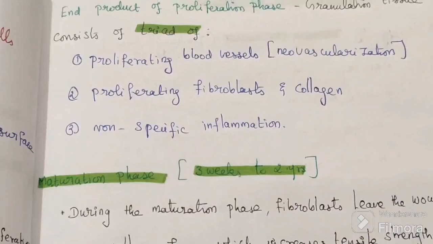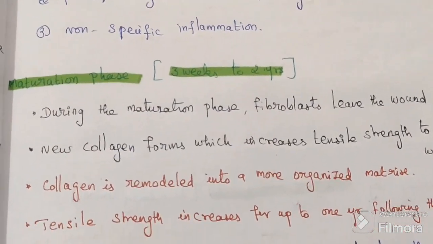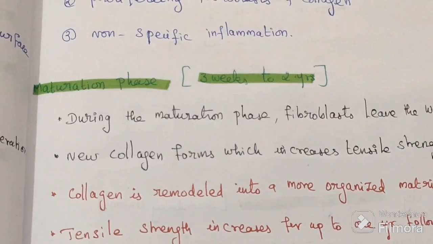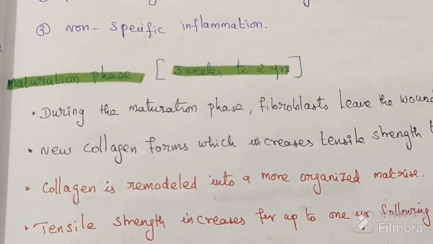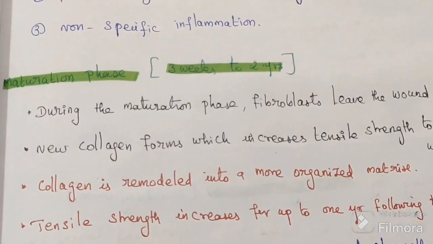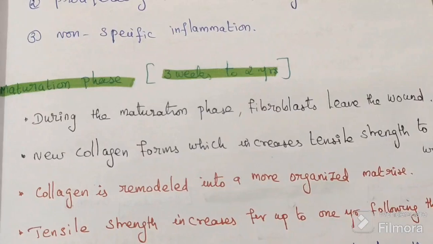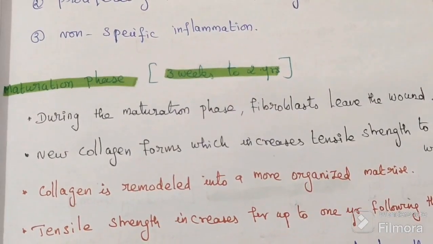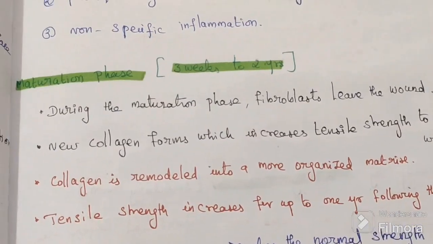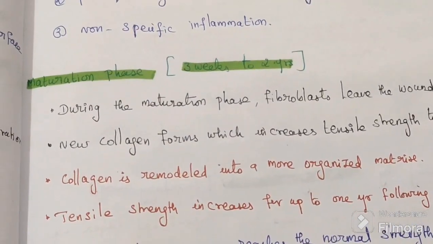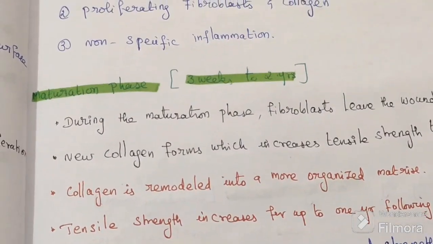Then the last stage is called maturation. In this phase the fibroblasts also leave the wound. First neutrophils come and go, then macrophages come and go, then fibroblasts come and now they are also going.